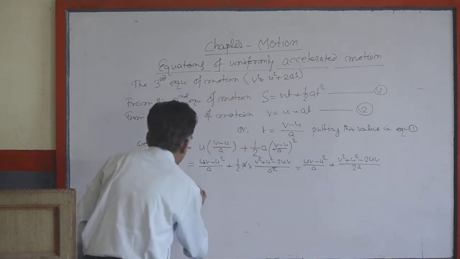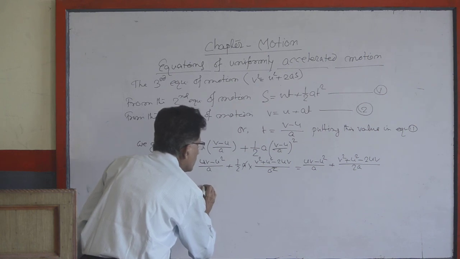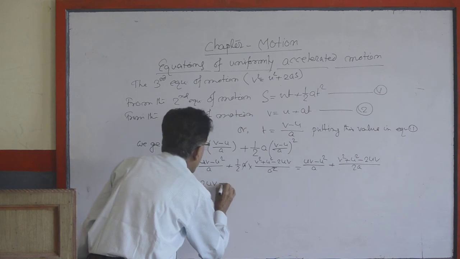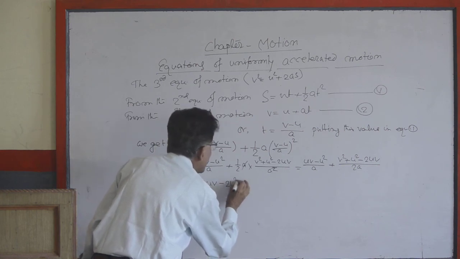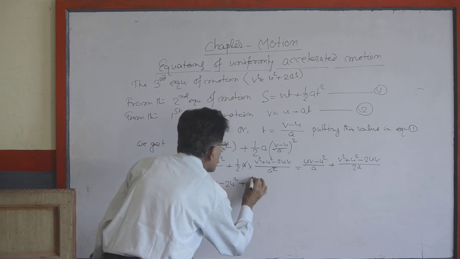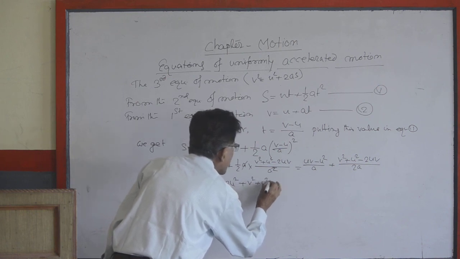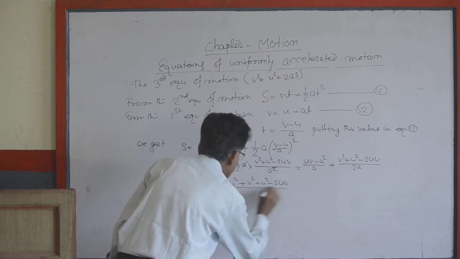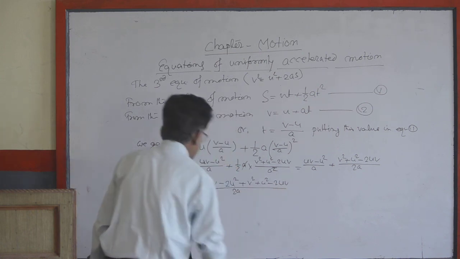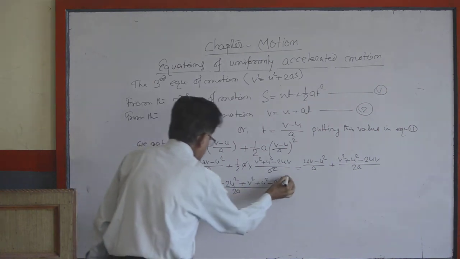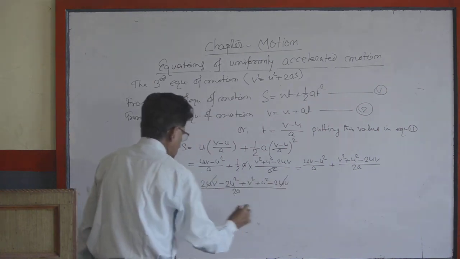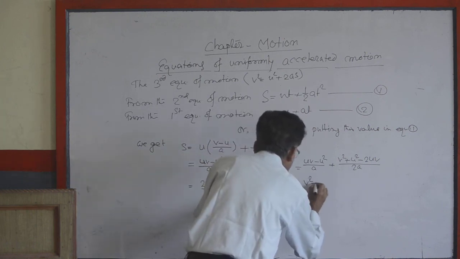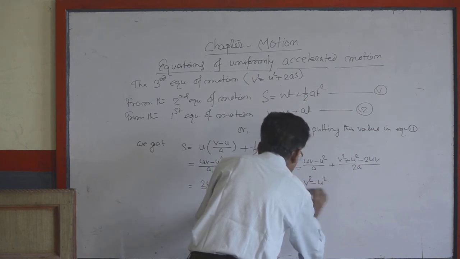Equal to 2uv minus 2u square plus v square plus u square minus 2uv by 2a, equal to v square minus u square by 2a.